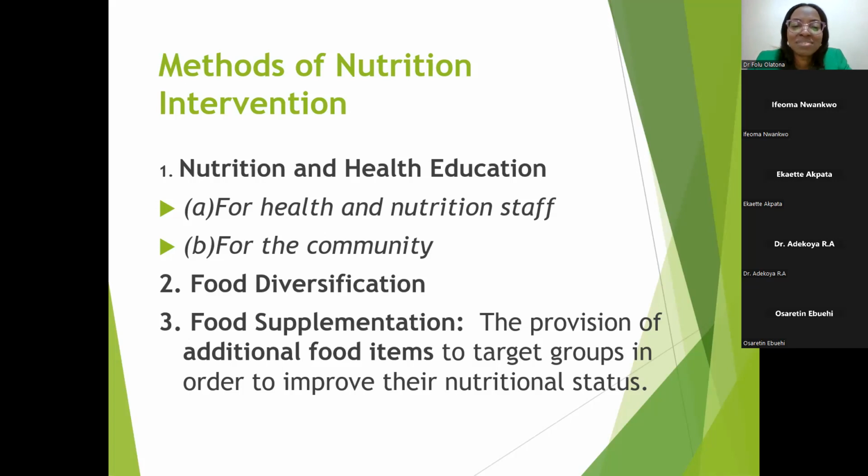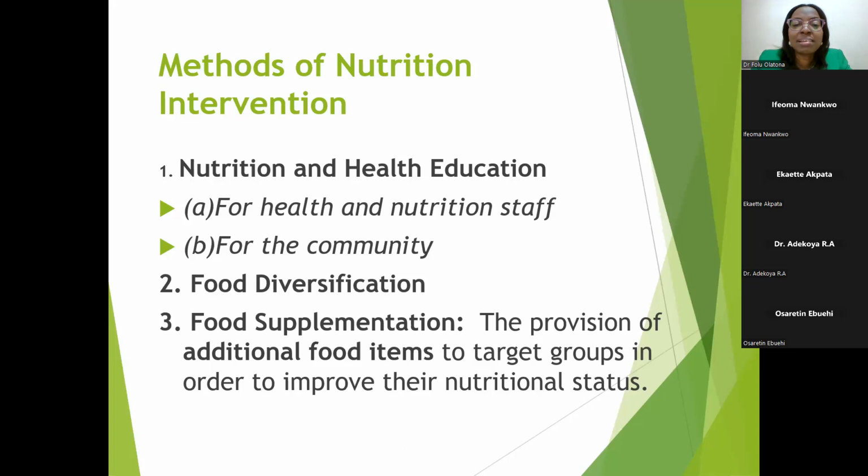So when the weight for height is lower than expected, then that child is wasted, and that nutritional status is already less than expected. It's not within the normal range. What has caused it is not nutrition knowledge, it is hygiene. And that's why the health education is very important.